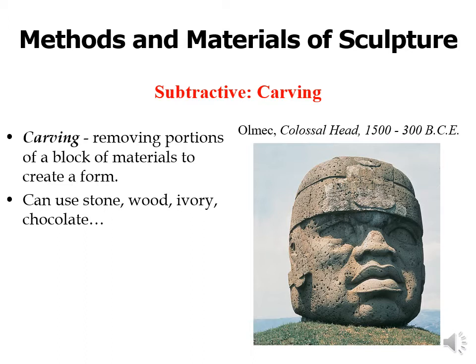So here the Olmec's colossal head, where they would have started out with a gigantic block and carved away, removed the material to create the image, as well as shaping and doing some rendering and modeling to help give more form to the nose and the lips and the eyes and the ear spools, give more definition to it.